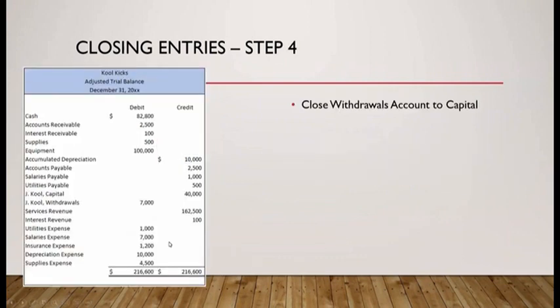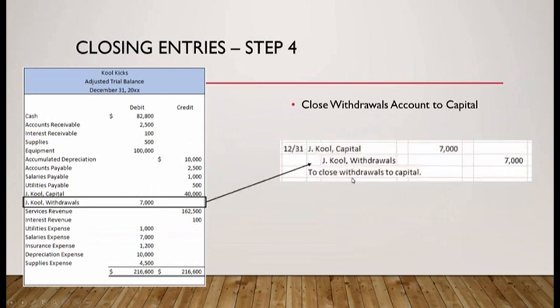In step 4 of the closing process, we're back at our adjusted trial balance because we need to pick up our withdrawals amounts. Withdrawals have a normal debit balance, so to get rid of them, we need to credit them. Remember, on the statement of owner's equity, we subtracted our withdrawals from our capital balance. So withdrawals will decrease the capital account.